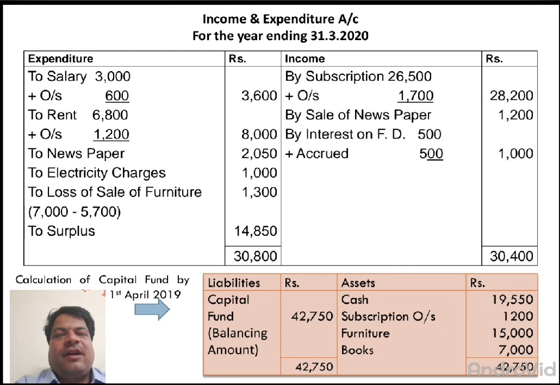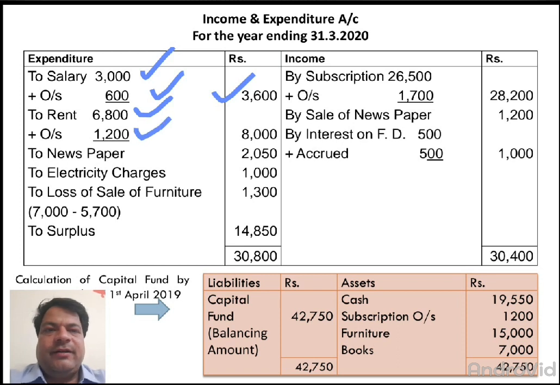All the expenditures are recorded on the debit side, whereas all the incomes are recorded on the credit side. We are given here salary and outstanding salary is also given, so the outstanding salary will also be added here. Then we are given rent of rupees 6,800, and along with it the outstanding rent will be added. The newspaper and electricity charges are expenses. Then loss on sale of furniture.